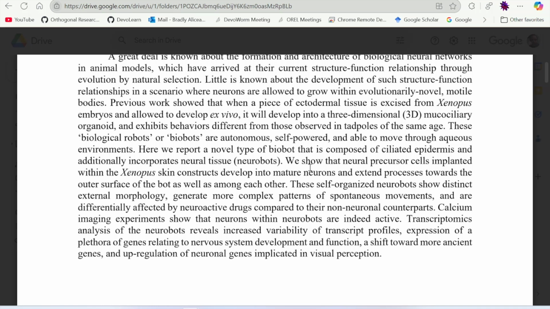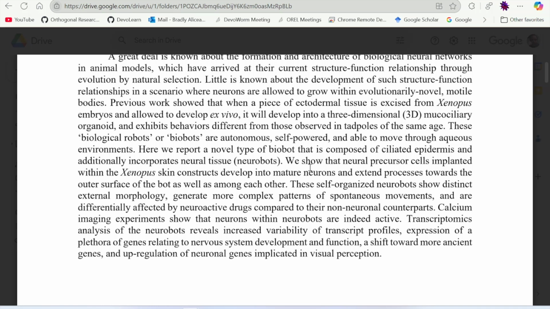A shift towards more ancient genes, which is interesting because I think in the last paper on Saturday we mentioned there was a follow-up item, which is they talked about the phylogenetic origins of some of these programs. So this shift towards more ancient genes, I don't really know what they mean exactly, but there's this connection to phylogenetics that's really interesting.